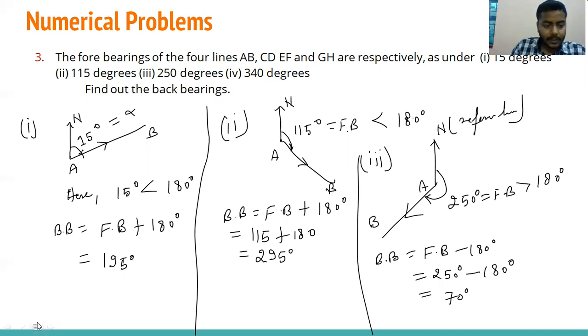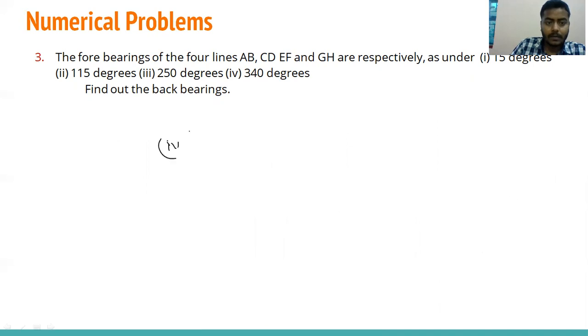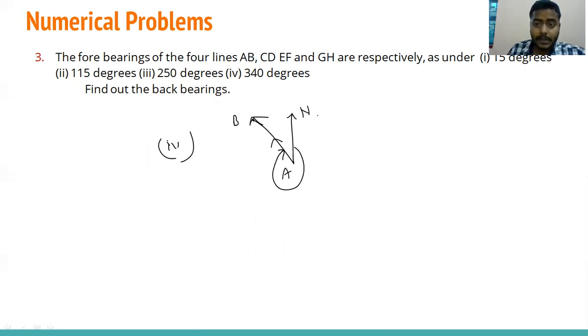Now we have the fourth one, 340 degrees. So this is the reference line now. 340 will come like this, somewhere here. Suppose this is B, this is A, and this is the angle. All the data are given in WCB. WCB means we always take the angle from the north in the clockwise direction. So this angle is given as 340 degrees, and that is in the direction of progress of work.